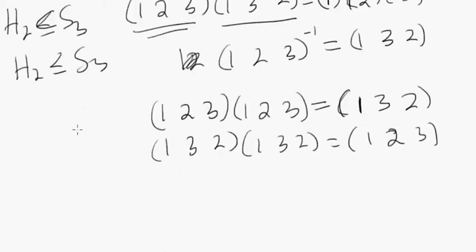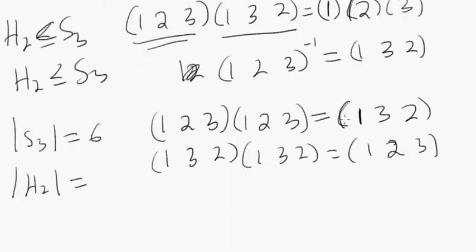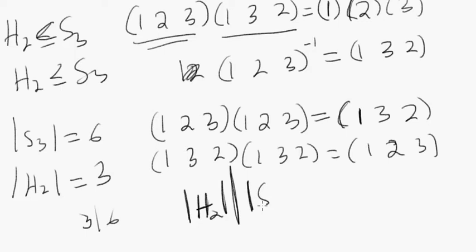Well, what's the cardinality of S3? We already saw that was 6. What's the cardinality of H2? 3. Does 3 divide 6? Absolutely. Which means that, again, we observe that the cardinality of H2 does indeed divide the cardinality of S3, right?